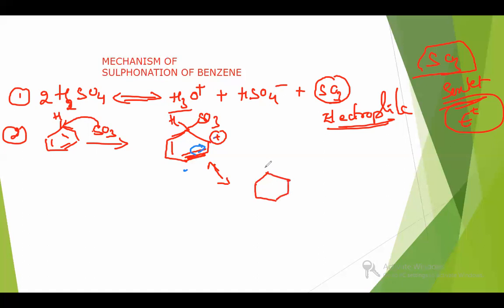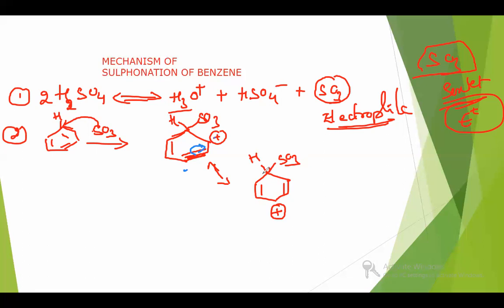In this benzene ring, the hydrogen and SO3 do not change. If this double bond shifts here, a positive charge forms.